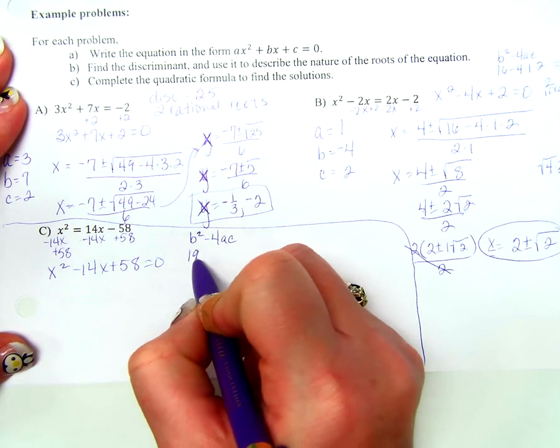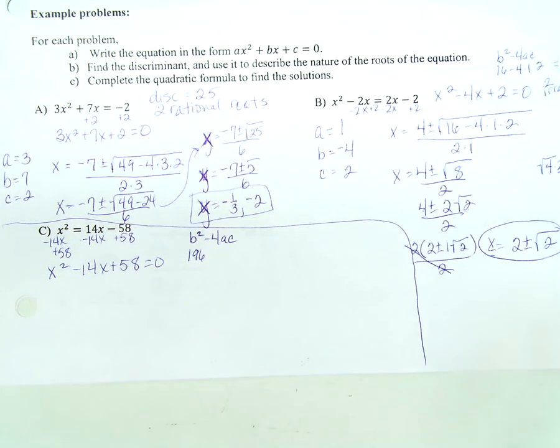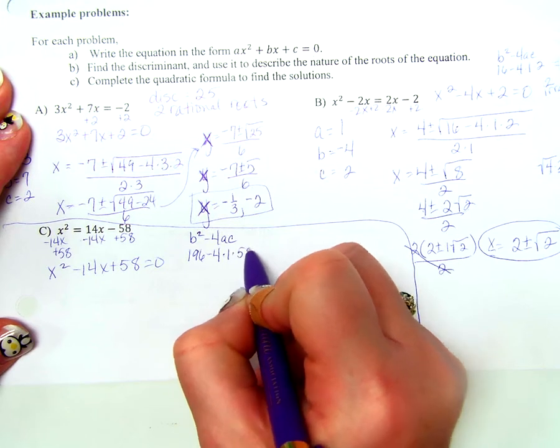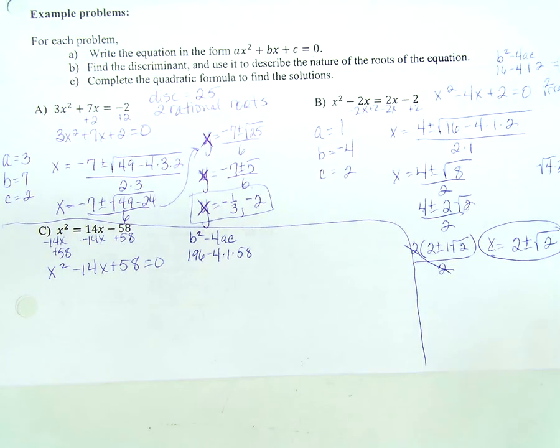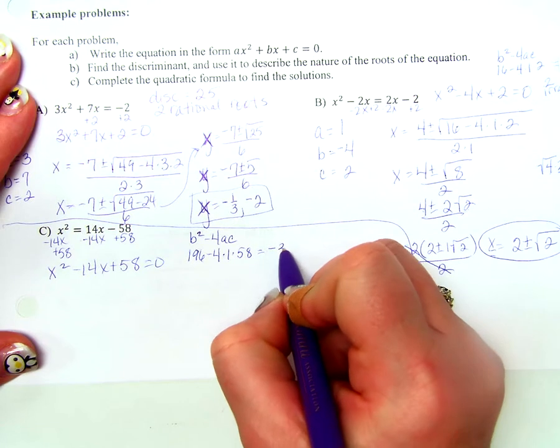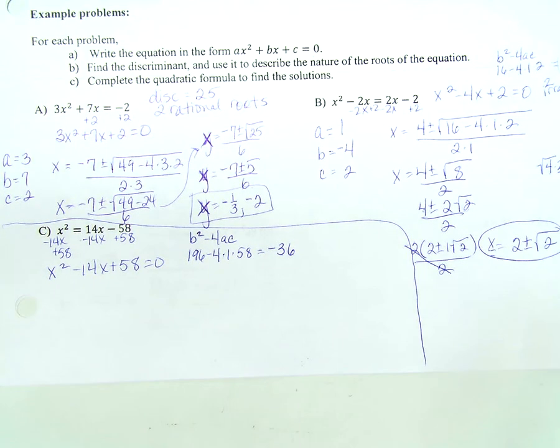It's 196, minus 4 times 1 times 58, right? What's that equal? It should equal negative 36.